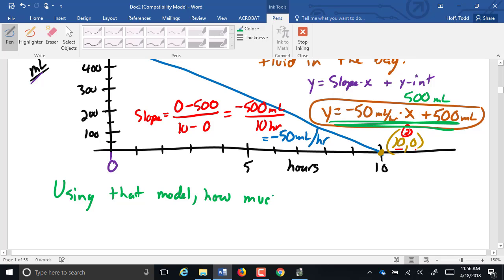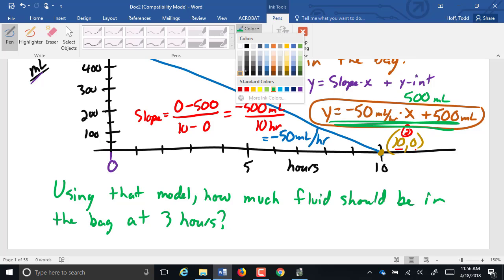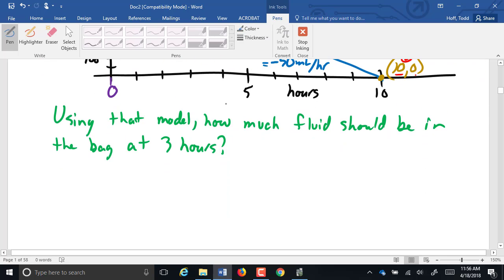How much fluid should be in the bag at 3 hours? Well, let's take a look here. We have that equation. Y equals negative 50 milliliters per hour times x plus 500 milliliters.